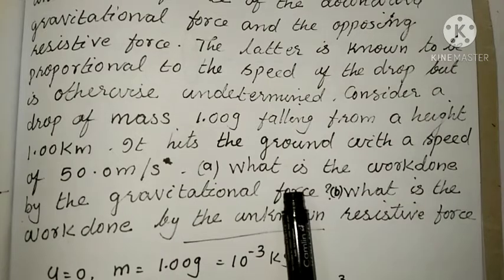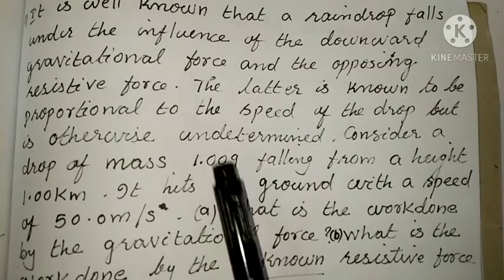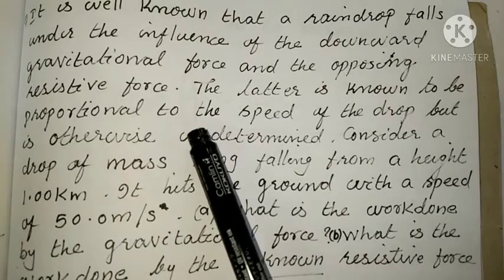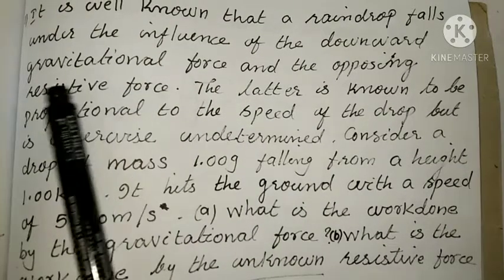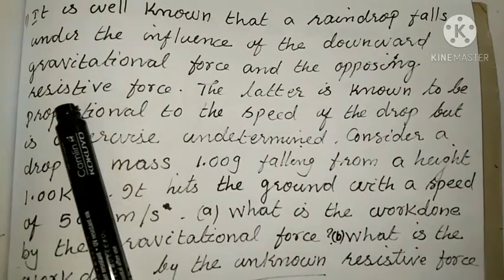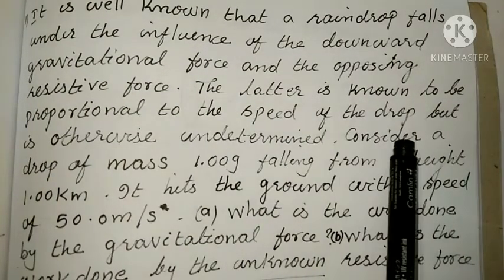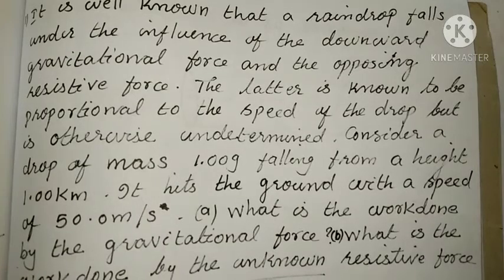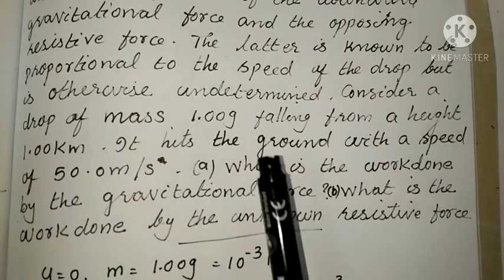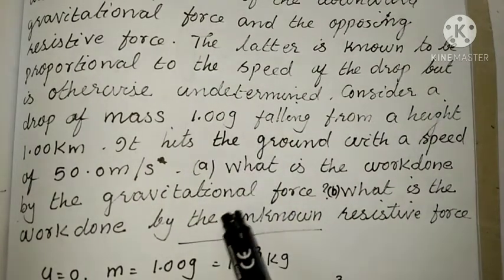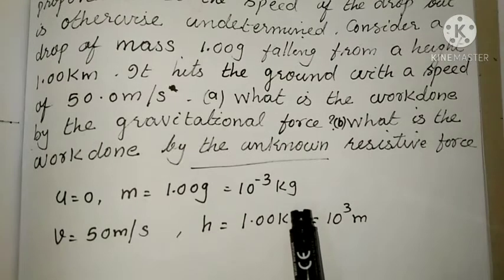So, from the question you understand that there are two forces acting on the raindrop. What are the forces? Gravitational force and the resistive force. The resistive force is proportional to the speed of the drop. The mass of the drop is given, that is 1 gram; change it into kilogram, that is 10 raised to minus 3 kilogram.